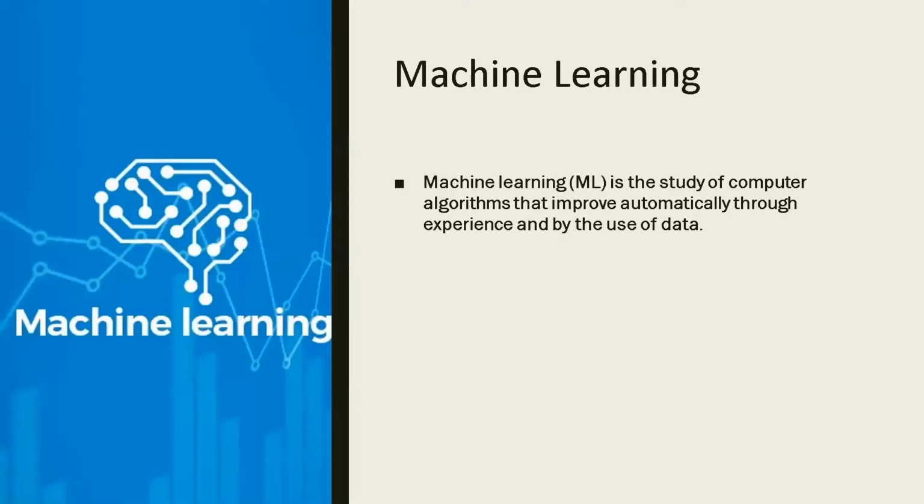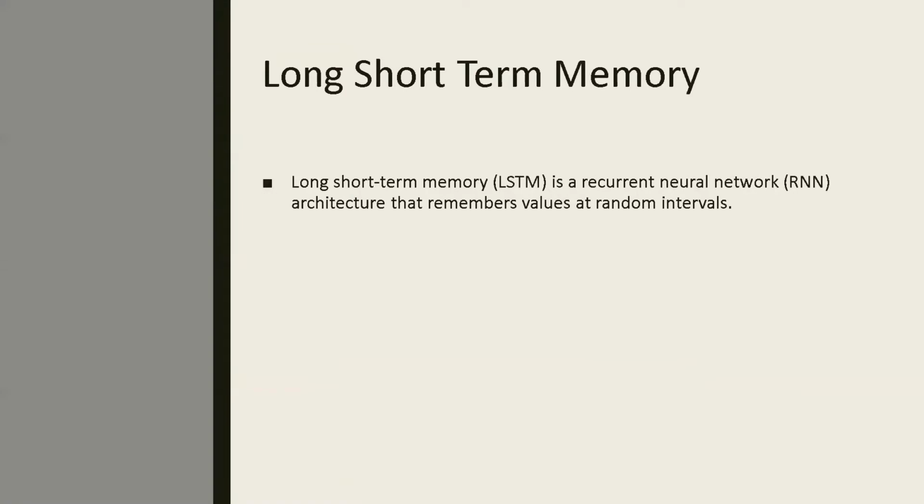Second one, machine learning. Machine learning is the study of computer algorithms that improve automatically through experience and by the use of data. Another important concept is long short-term memory.